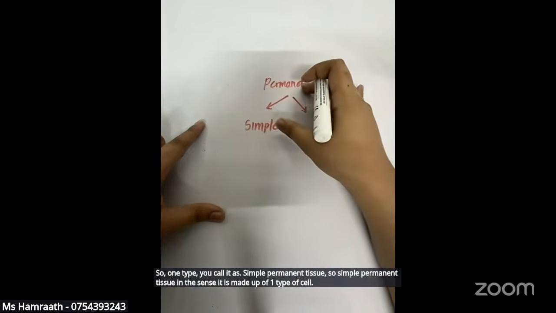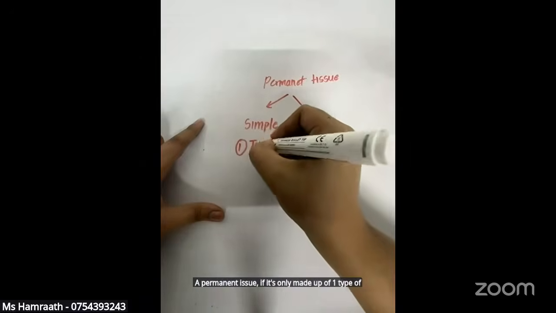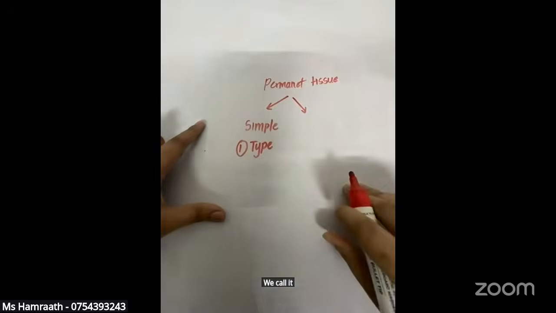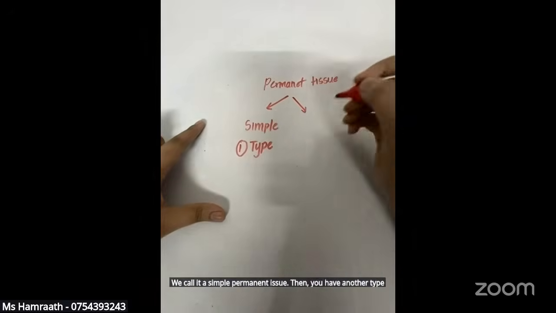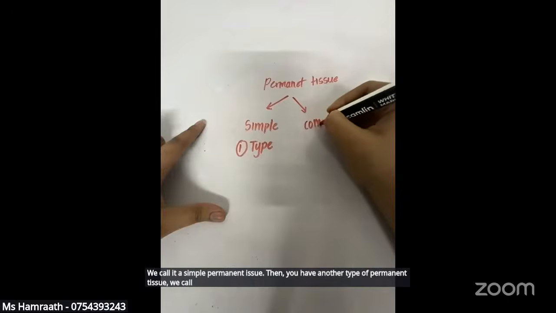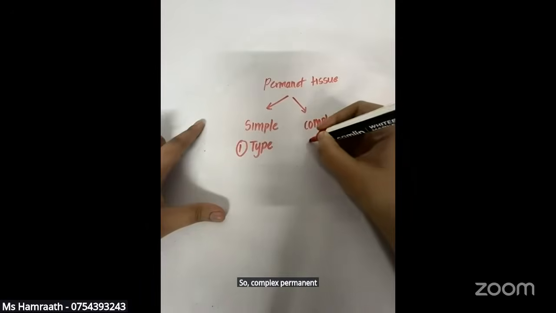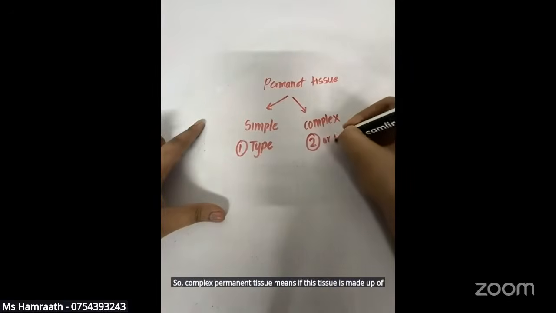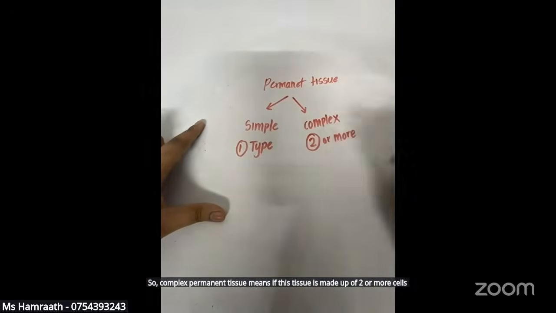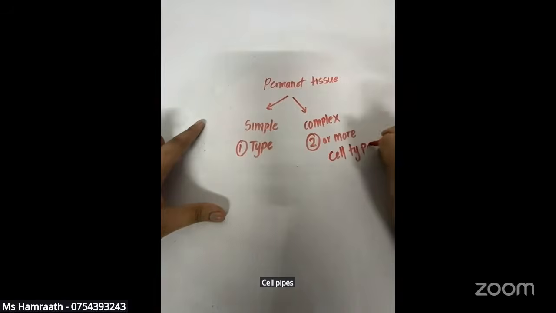Then you have another type of permanent tissue, which we call complex permanent tissue. Complex permanent tissue is made up of two or more cell types.